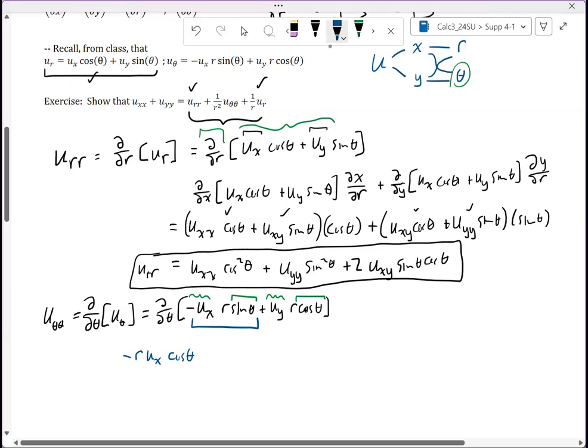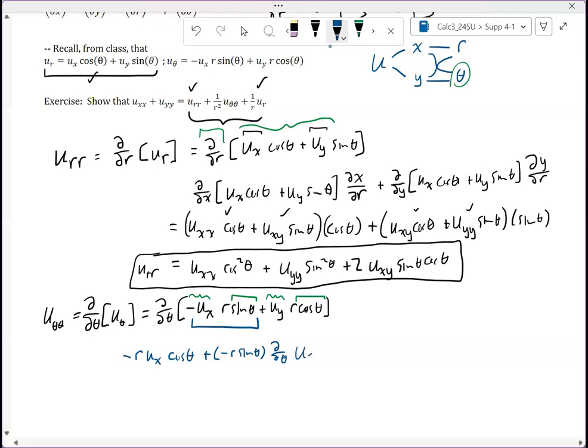So that's differentiating the sine theta bit. And then plus negative r sine theta times partial with respect to theta of ux. And we're going to leave that there for just a minute. So this takes care of that first term.